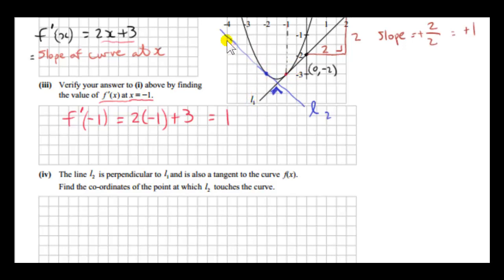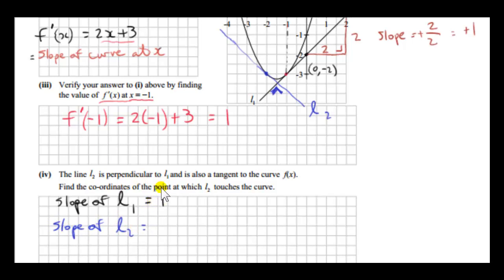Well, we have the slope of this tangent line because we have the slope of L1. L1 is perpendicular to L2. The slope of L1 is 1, which we've seen. So the slope of L2 is got by inverting the slope of L1 and changing the sign.